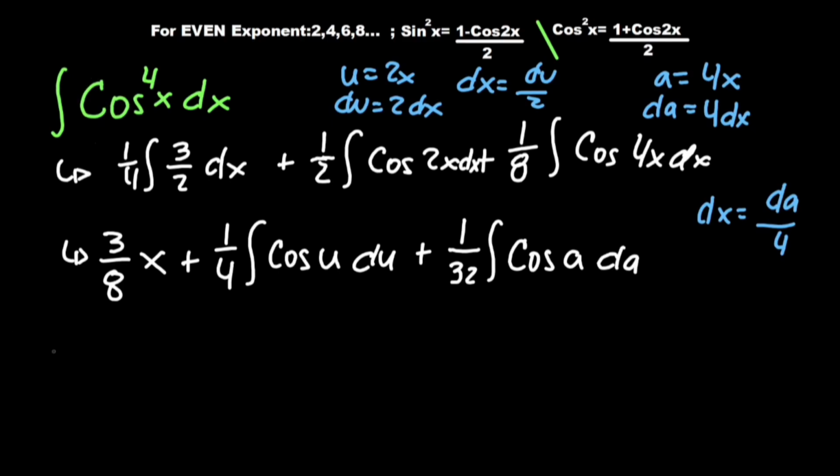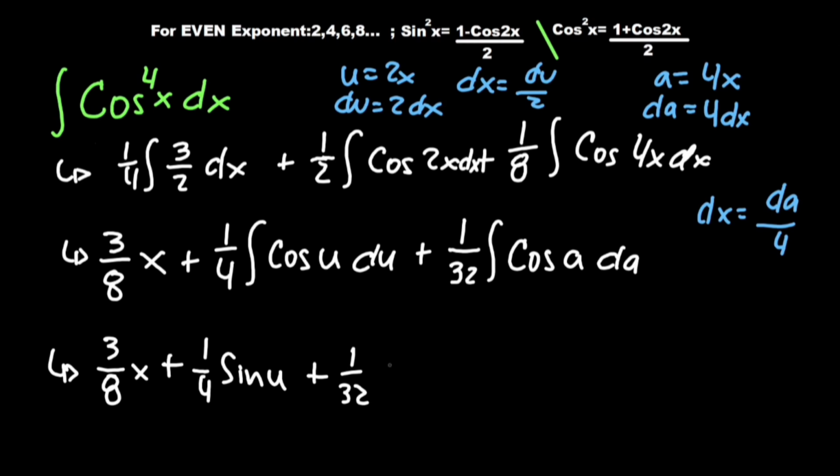Now we can simply integrate the rest. Integral of cosine of u would be simply sine of u. Plus integral of cosine of a is sine of a.